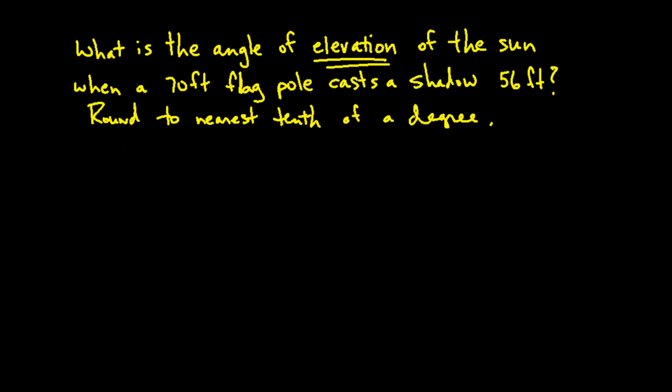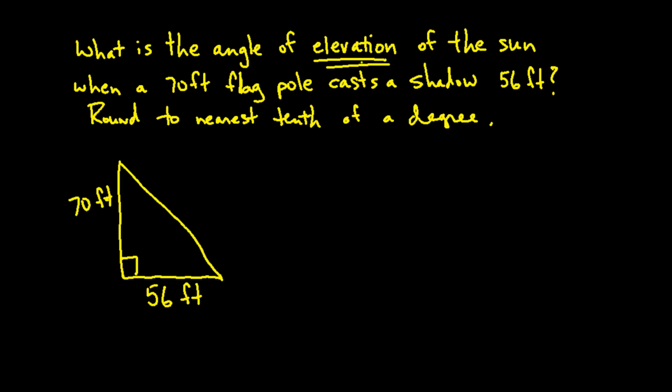Next, what is the angle of elevation of the sun when a 70-foot flagpole casts a shadow 56 feet long? So for these type of problems, we want to form our right triangle. Since they're talking about the angle of elevation, we know that they're talking about this angle here facing upward.